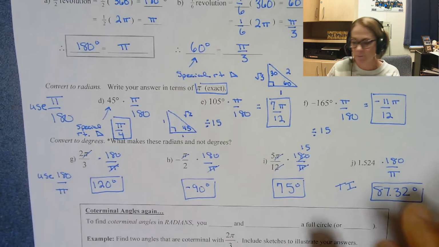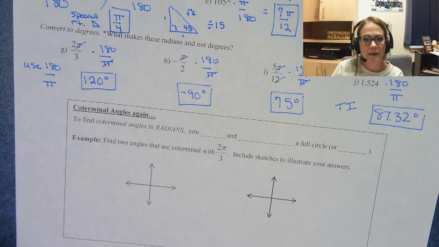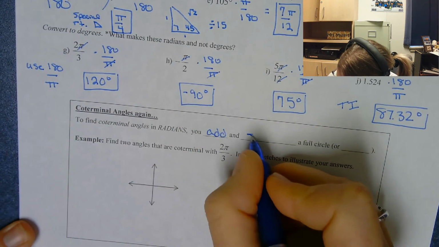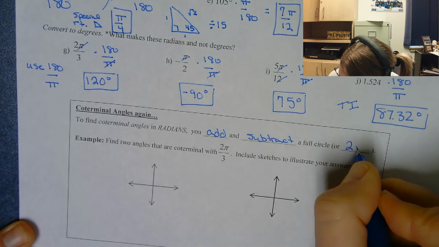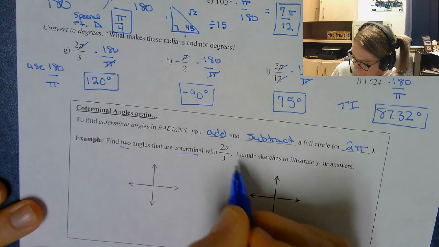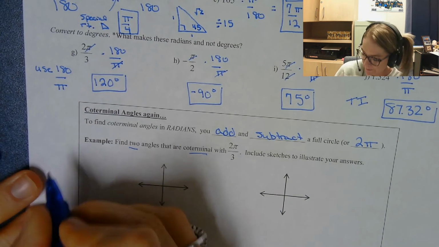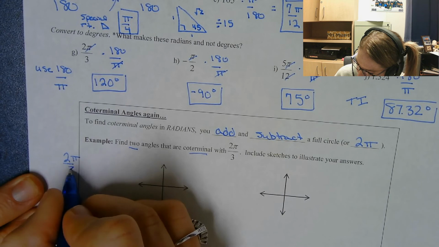Last thing, let's do some coterminal angles. We've done this before. Now we're just going to do it in radians. But we're still going to use the same process. We're going to add and subtract a full rotation, but this time it's going to be 2 pi. So find two angles that are coterminal with 2 pi over 3. Before long, you're going to know where 2 pi over 3 is just by hearing it. But since we're just getting used to this, let's see what 2 pi over 3 is.